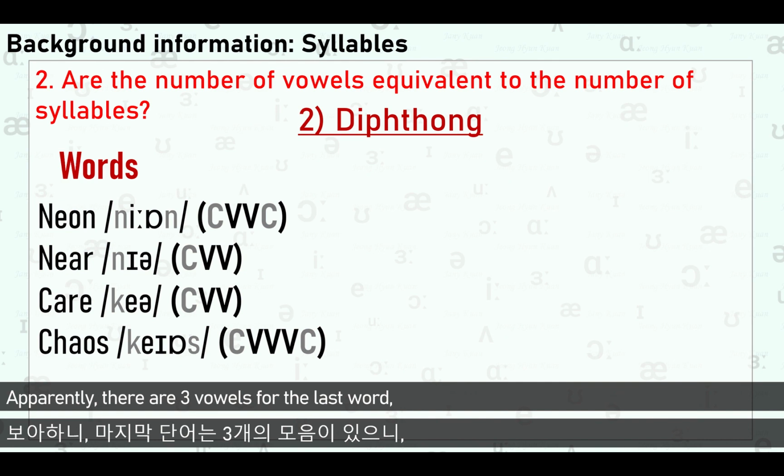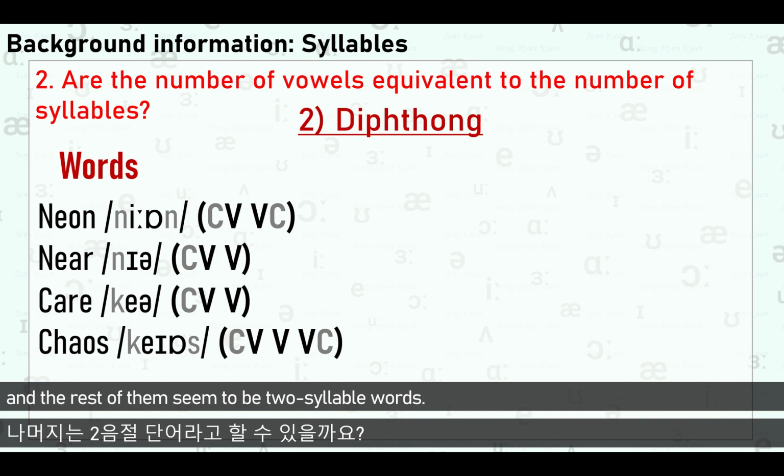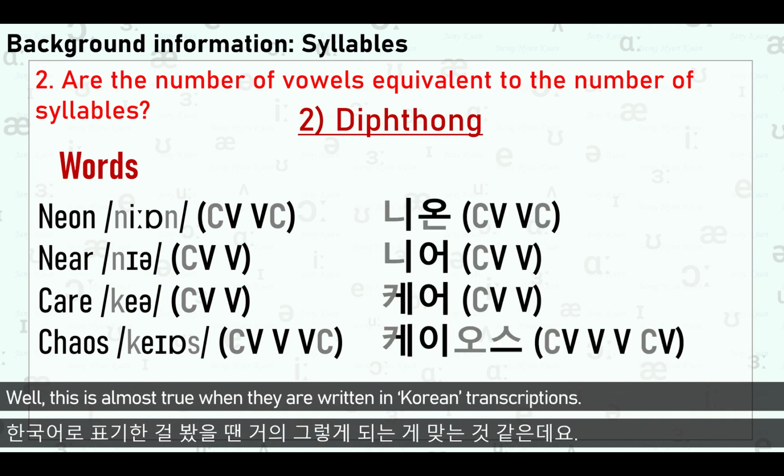Apparently, there are 3 vowels for the last word, which may indicate that it is a 3-syllable word, and the rest of them seem to be 2-syllable words. Well, this is almost true when they are written in Korean transcriptions.